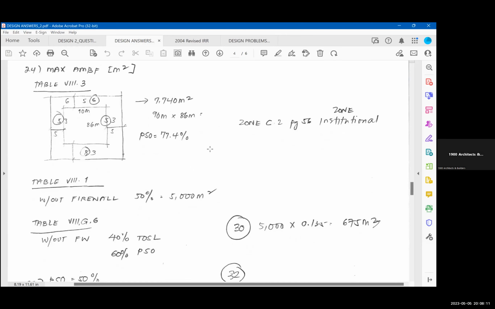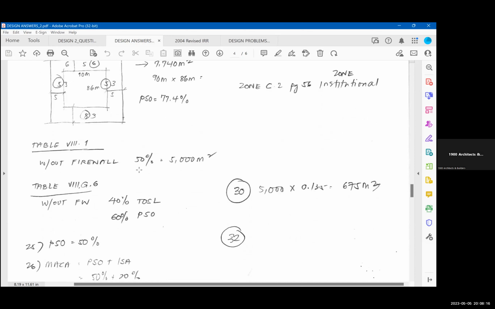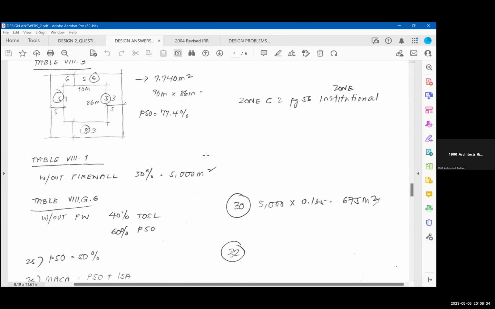Tapos, meron ding, ito medyo nakakalito. So, table 8.1, pag kinuha naman natin based dun sa table, may nakasulat pag without firewall, may percentage, diba? So, kinuha natin yon. For example, without firewall, 50%, ang lalabas naman ay 5,000 square meters. Okay? So, ano yung tamang sagot?